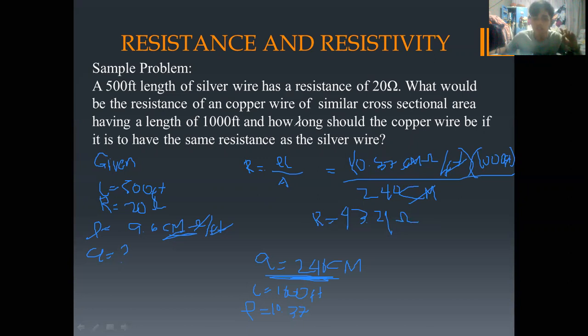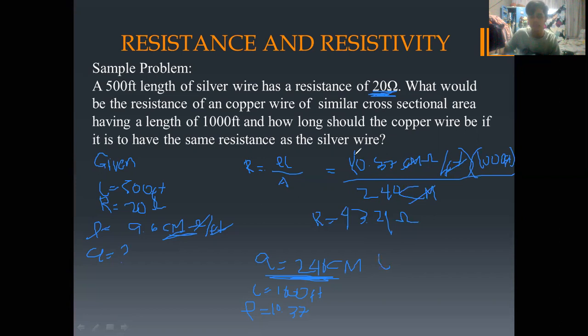So sabi doon sa kasunod, how long should the copper wire be if it is to have the same resistance as the silver wire? Sabi daw, gaano daw kahaba yung copper wire kung meron siyang same resistance na itong silver wire. Ito yung sinasabi doon, yung 20 ohms. Bali ang hinahanap dito is yung length.